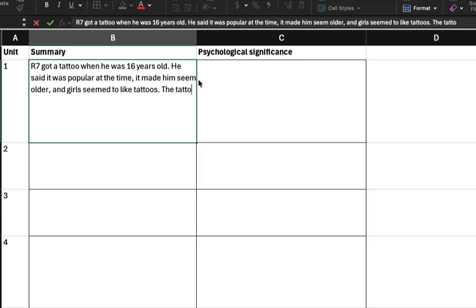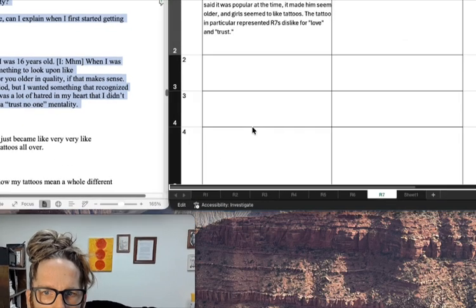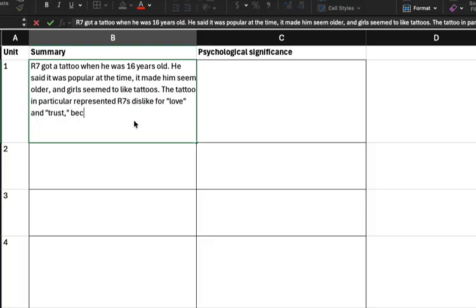The tattoo in particular represented R7's dislike for love and trust. Because it was important for R7 not to be overly trusting.